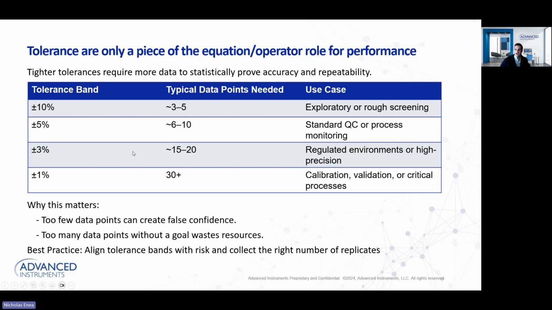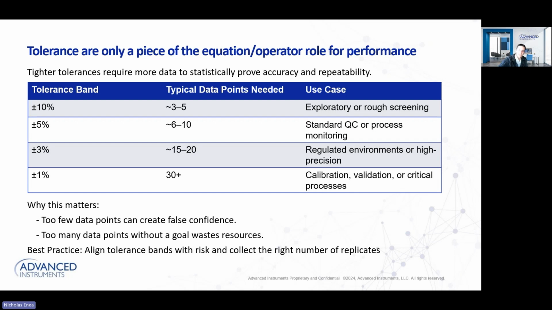So in general, I like to use this table. This is my own internal guide, but normally when I have a wider set of tolerances, more in R&D, 3 to 5 data points normally suffice for me. I can get a general consensus of what's happening in an assay or with a liquid handler. But for normal standards or QC process monitoring, I need more data points, 6 to 10, normally with plus or minus 5% variation.